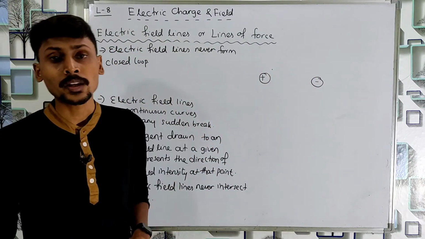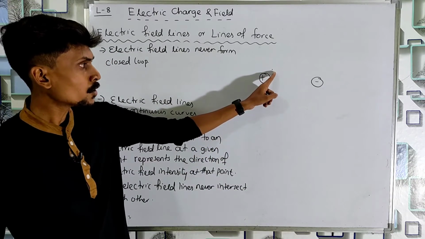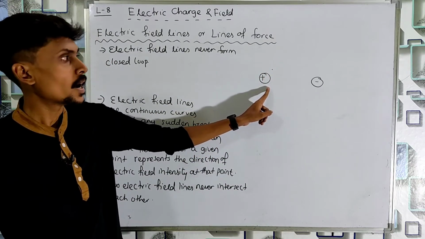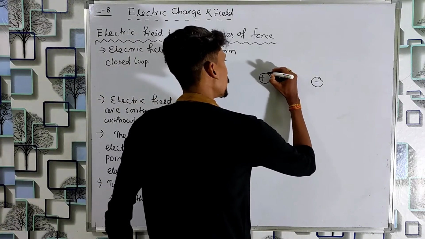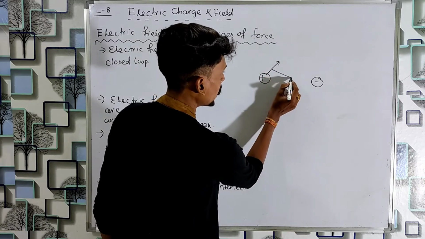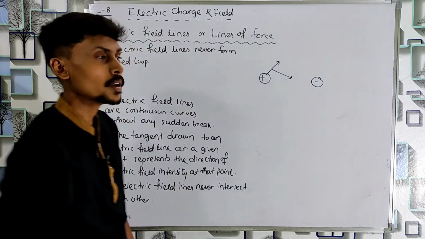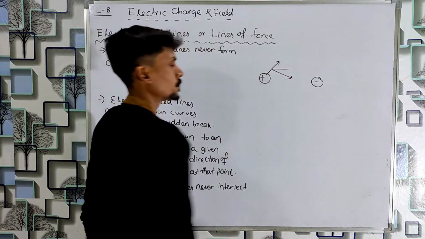This test charge will experience two forces: repulsive force due to the positive charge, attractive force due to the negative charge. Repulsive force will be along this direction, attractive force will be along this direction. So the resultant force will be along this direction.